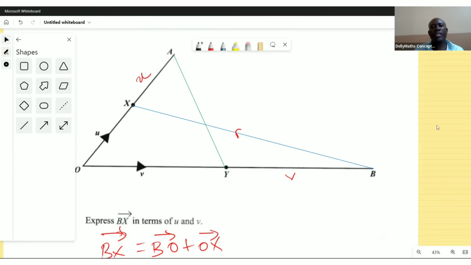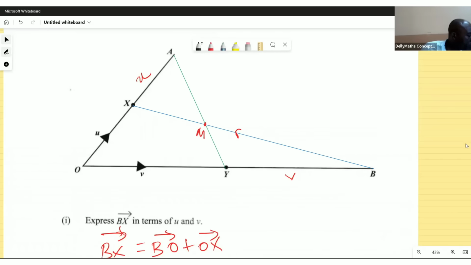They're saying that YA intersects BX at M. And when it happened, we're told that BM is equal to 2MX. BM is 2 times that. So BM is going to be 2/3 of BX, and MX is just simply 1/3.